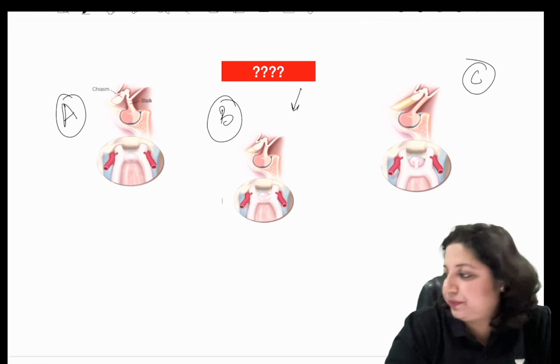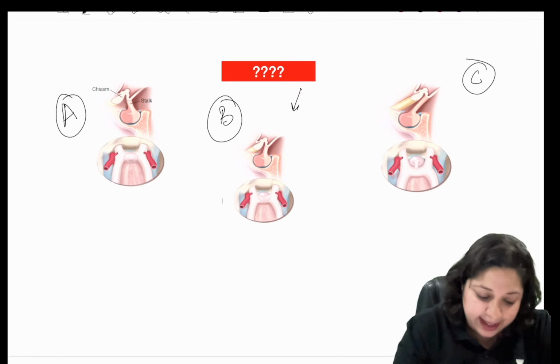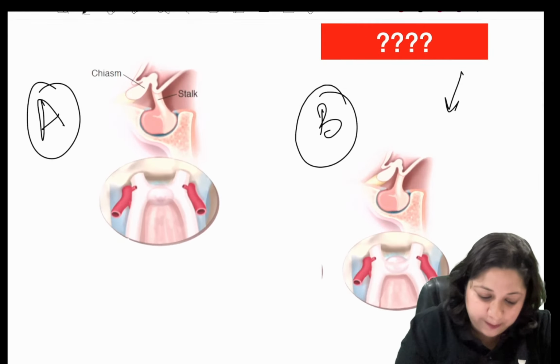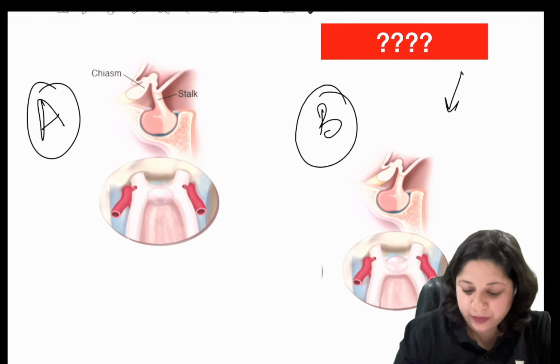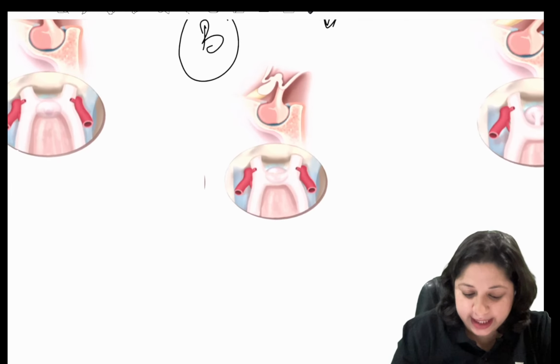Anybody wants to attempt? There is a hint here which is given. So this is the chiasm. If you want to take a hint, this is the chiasm, and this is here the pituitary gland with its stalk. So now tell me what is seen in B.